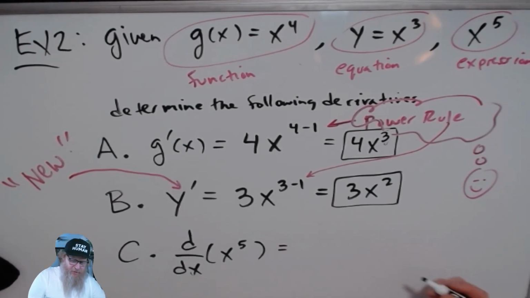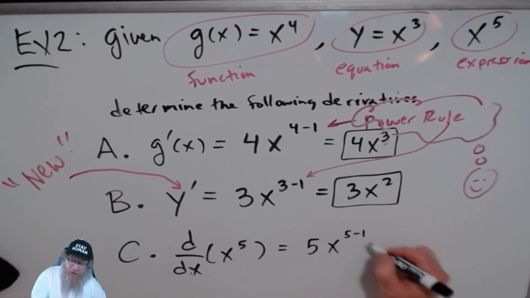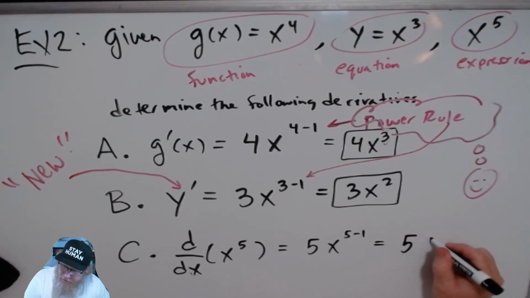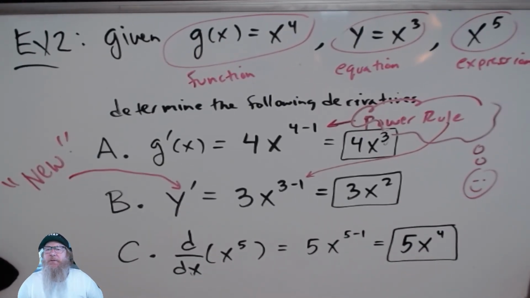That's equal to 5x to the 5 minus 1. That's the last time I'll write that out. In the future, I will just jump right to here. 5x to the 4.